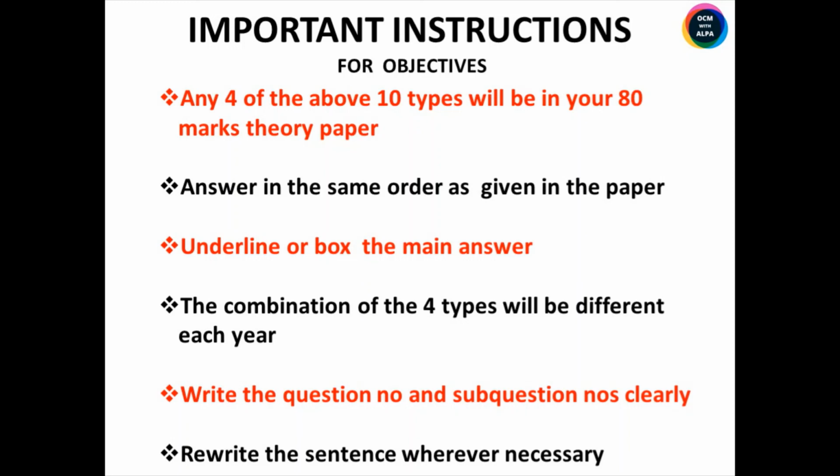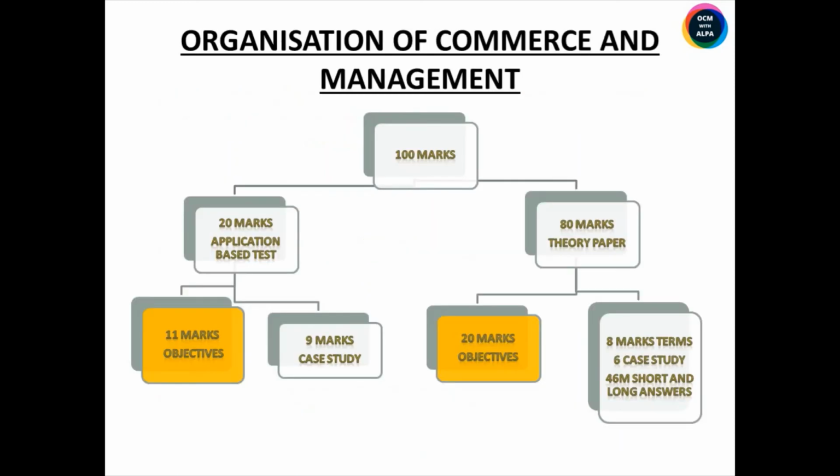While you are attempting, make it a point to leave lines between each answer. Write the question numbers clearly, and wherever required, do rewrite the sentences. So these, my dear students, will make it enough for you to prepare, as well as give you guidance of how to prepare as well as to attempt and present your objective type questions.